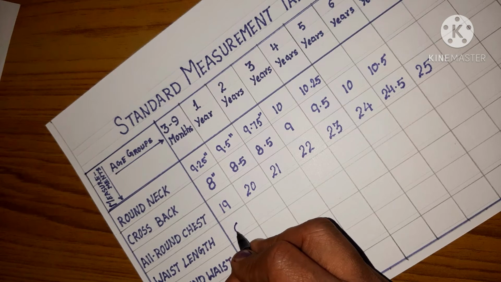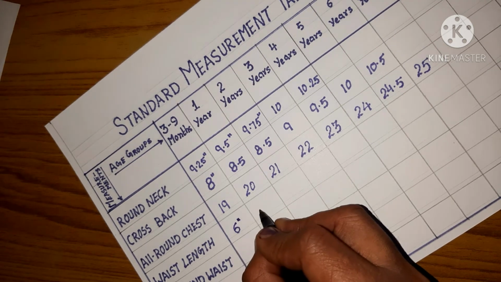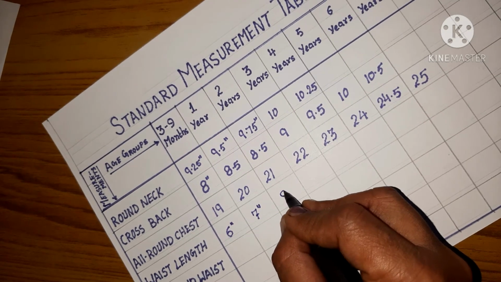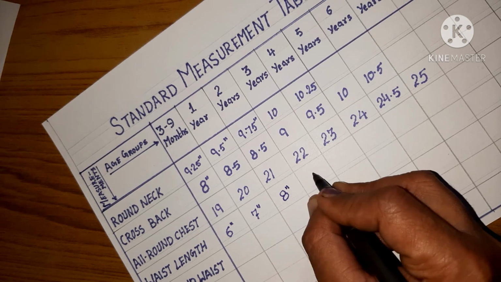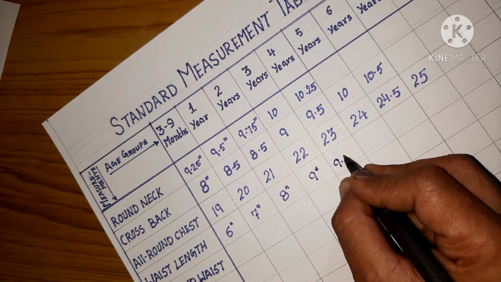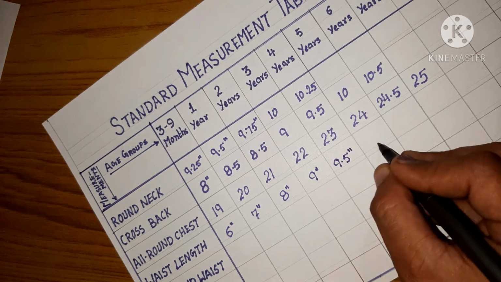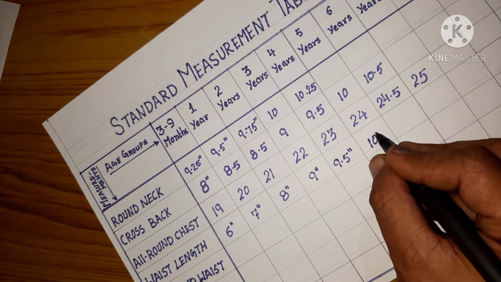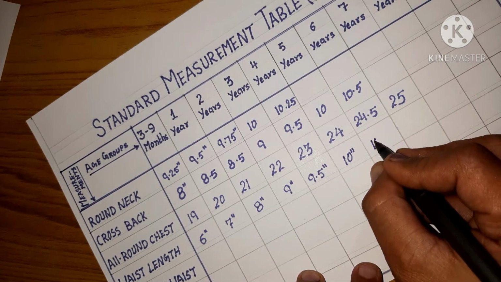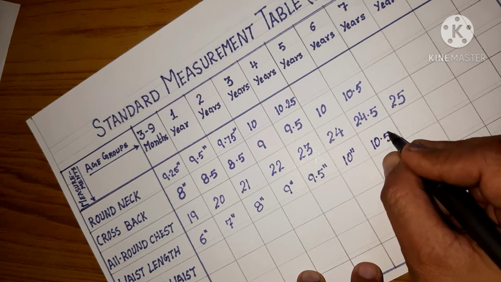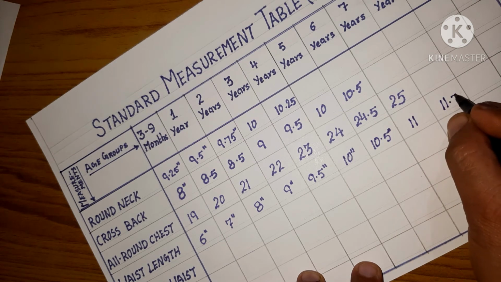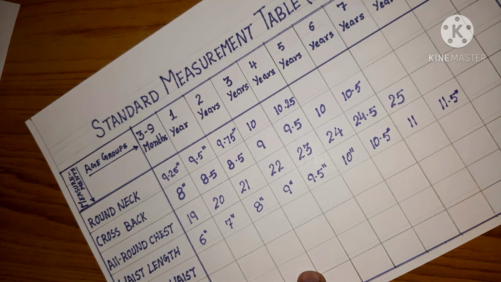So note it down: 6 inches, 7 inches, 8 inches, 9 inches, here it would be half, 9.5 inches, again half, 10 inches, and now it would be half inch, 10.5, 11, 11.5 and so on.